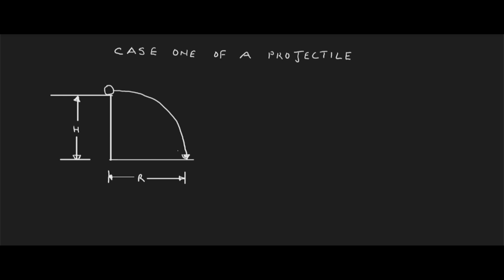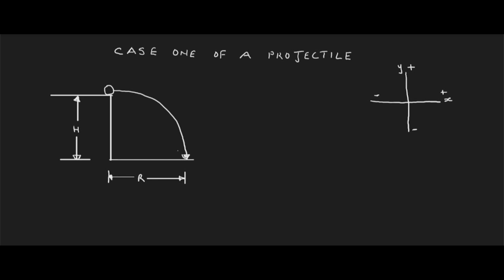Let us consider this. We know that this is positive y side. This is our x, this is positive x, this is the negative, and this is also a negative.